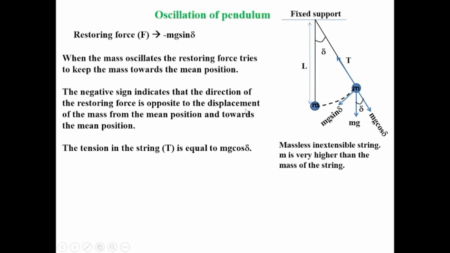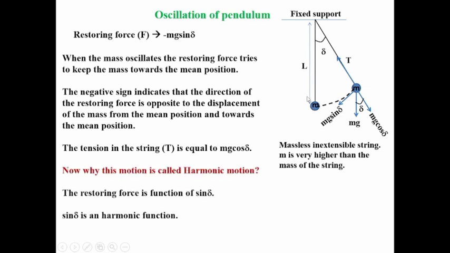It is opposite to the displacement of the mass from the mean position, and towards the mean position. And this mg cos delta we can equate to the tension along the string. This is the string, this is the length of the string, and it is an inextensible string.